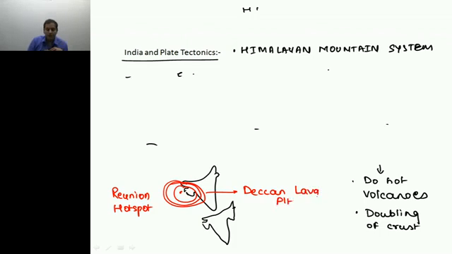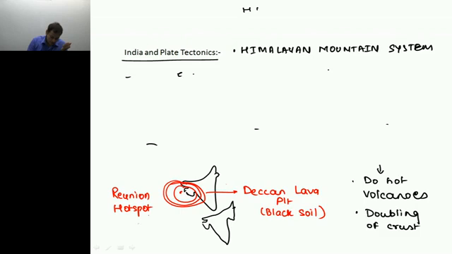This part of India, the Deccan Plateau region, is represented by black cotton soil or black soil. Why is the soil black in color? Because of the presence of basaltic rock. So while passing over the Reunion hotspot, it underwent a volcanic eruption roughly 60 million years ago, which is represented by the Deccan Traps.